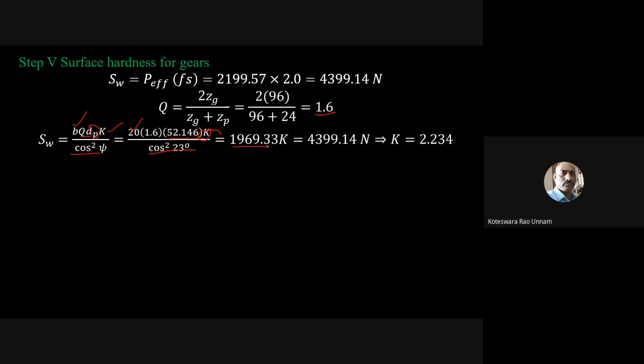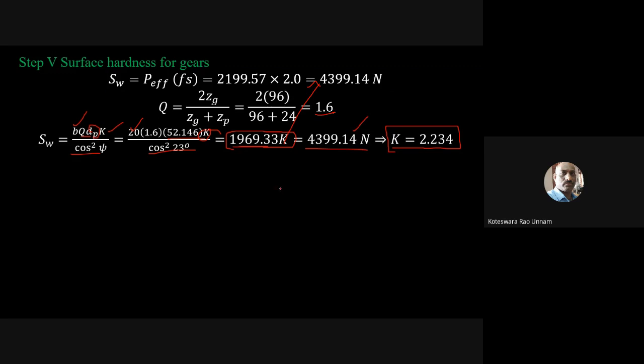If you simplify this, you will get 1969.33 K. This should be equal to P effective into Fs, which is 4399.14 newtons. So from this we get K equal to 2.234.